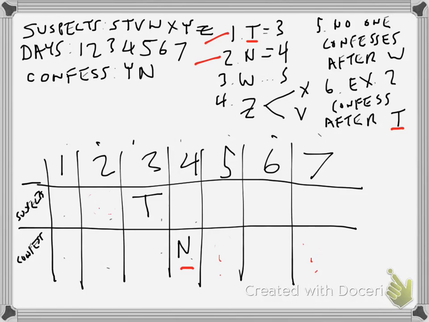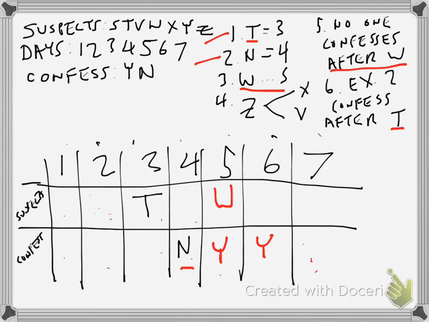Let's say I put W in slot 5. And then I know I need to have 2 confessions after T. The earliest I could get those 2 confessions would be here. Now I already have a confession after W. Nobody confesses after W. That's what Rule 5 says. Which means W can't go in slot 5. And W also can't go in slot 7 because S comes after W.